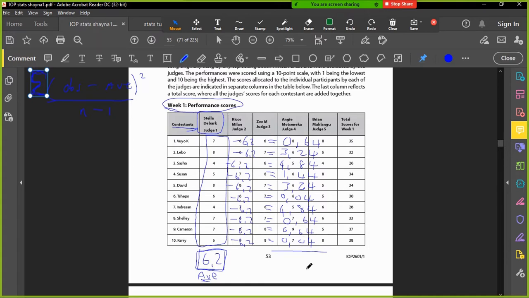What do you get? 19.6. Okay, 19.6 is the answer for the numerator.